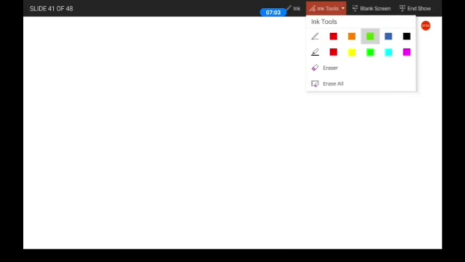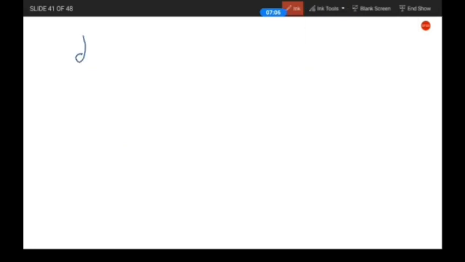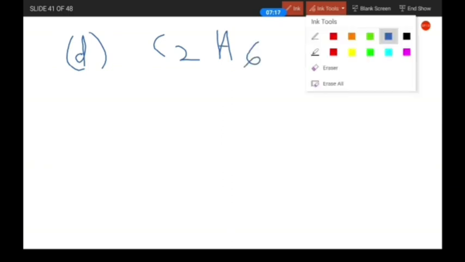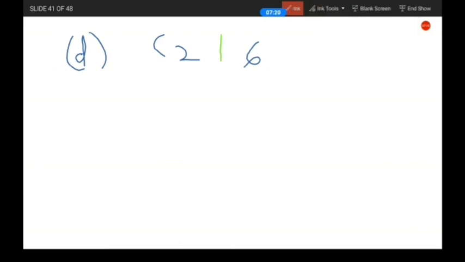Now the last question, question D, says we should draw the structure of C2H6. And how do we draw the structure of C2H6? There's a course that we have as well on organic compounds. We have 2 carbons. And remember, 4 bonds must surround each carbon.